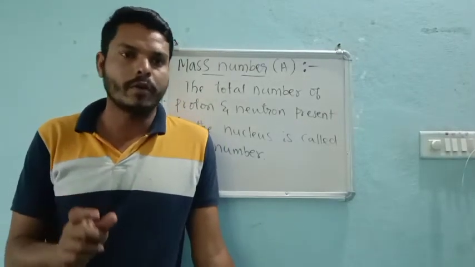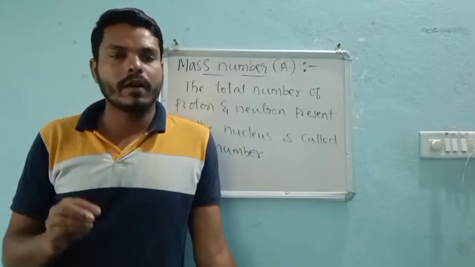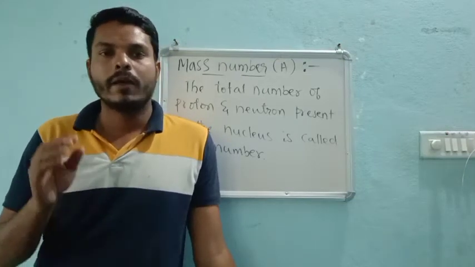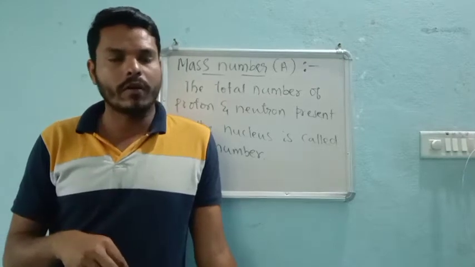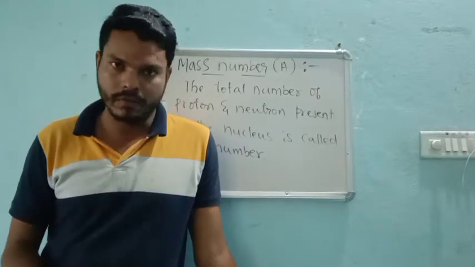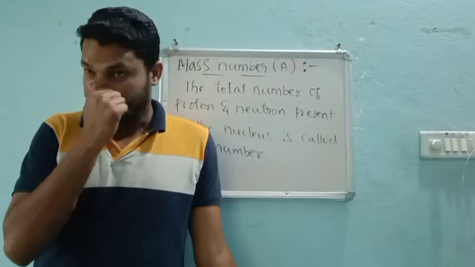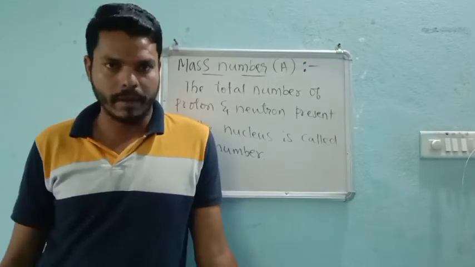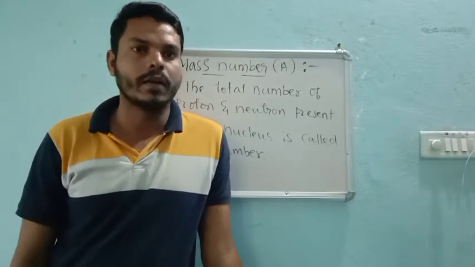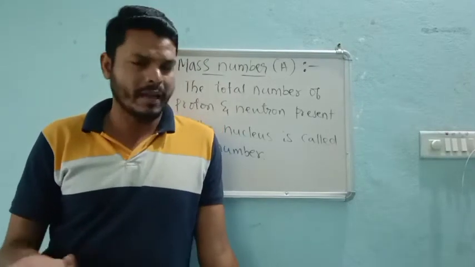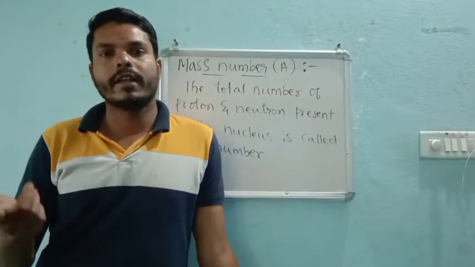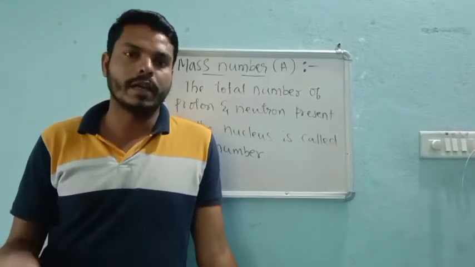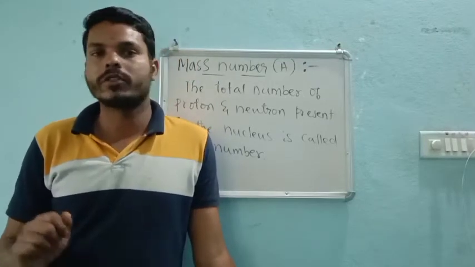We can add an electron or remove an electron. If we add an extra electron to an atom, a negative charge comes, and if we remove an electron, a positive charge comes.